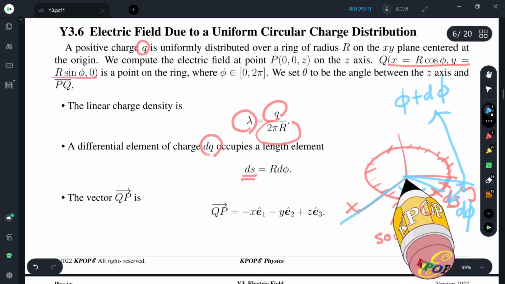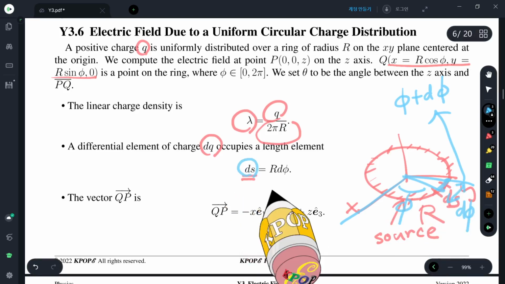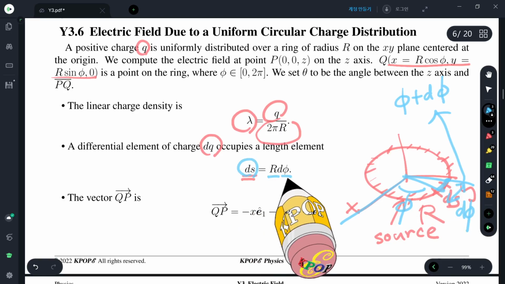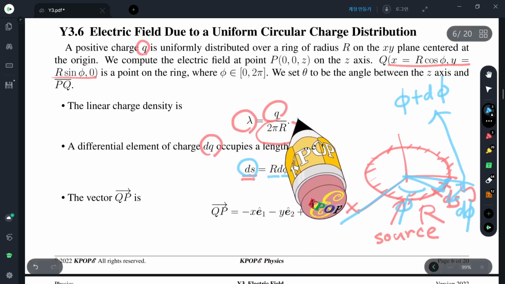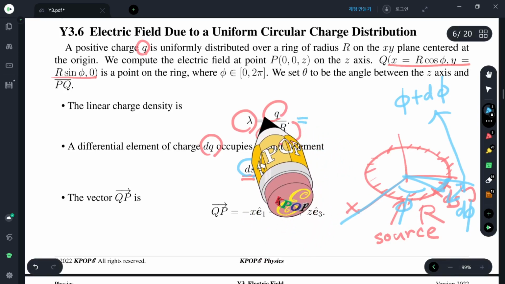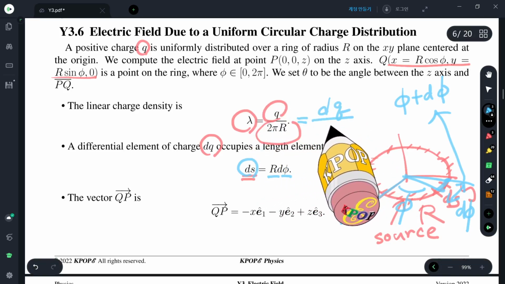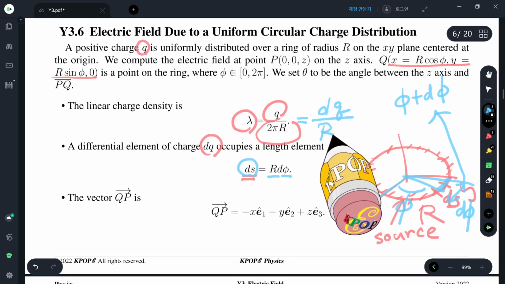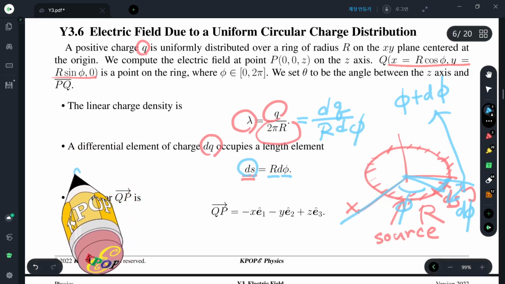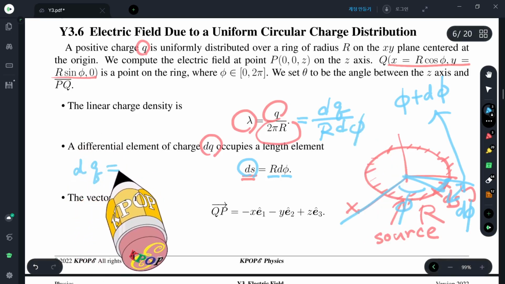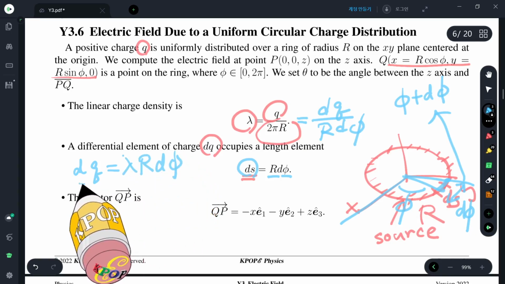Because the radius of this circle is capital R, the arc length ds is R multiplied by d phi. The total charge ratio is uniform, so dq equals lambda multiplied by the arc length, R d phi.